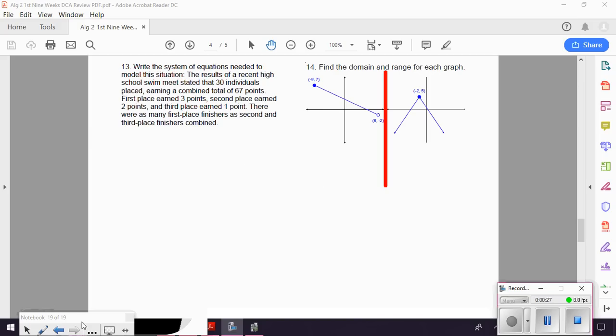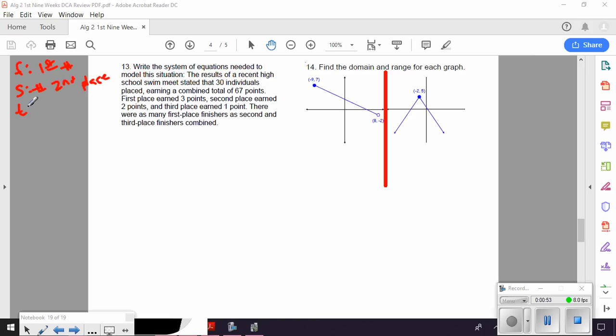So our variables this time would need to represent the number of finishers. So F is going to be for first place finishers, or number of first place. S will be the number of second place.